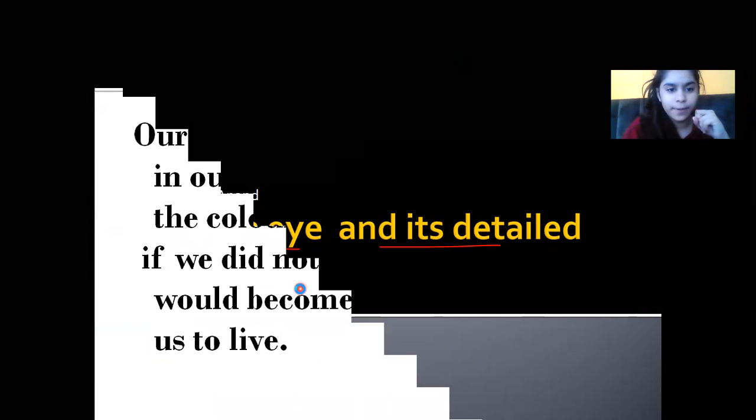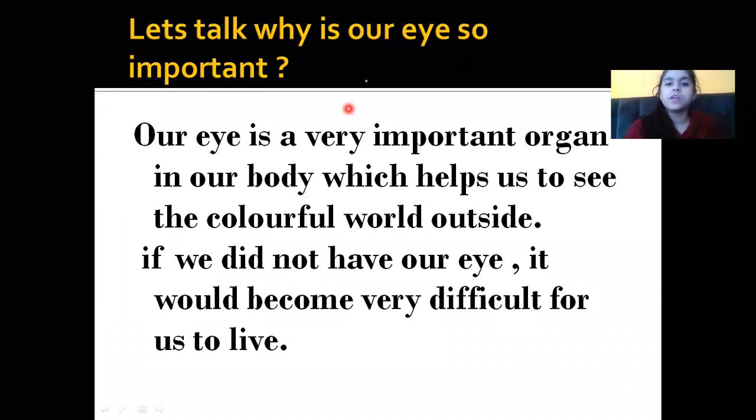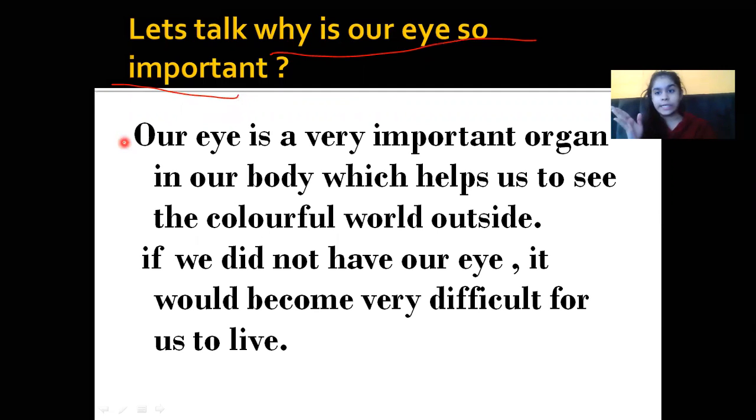Let's quickly begin. First of all, let's talk about why the eye is important for us. Why do you think the eye is important?